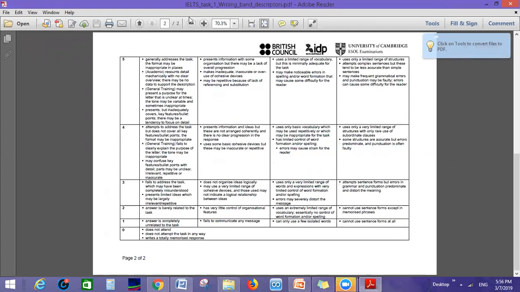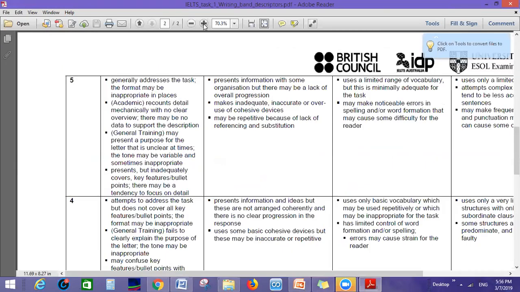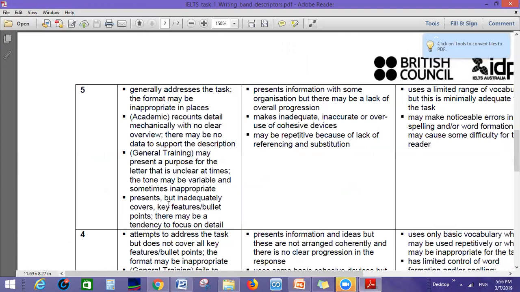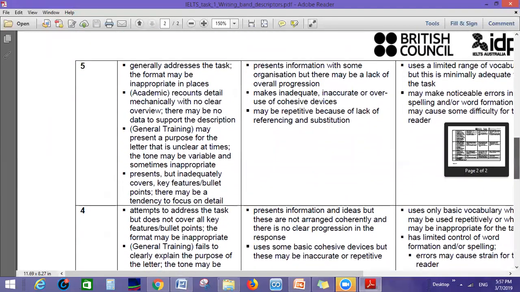Let's go down. So, academic recounts data with no clear overview, there may be no data to support the description. Presents. Okay.